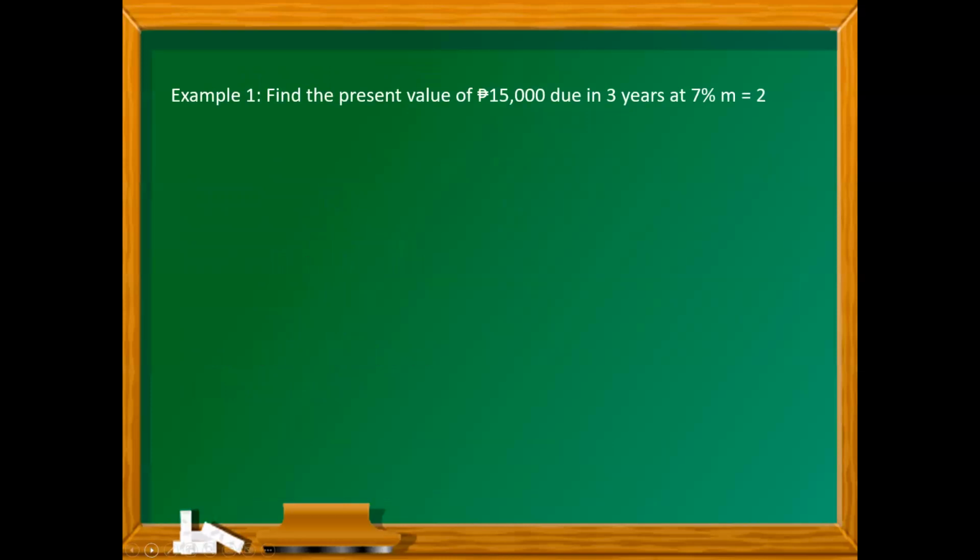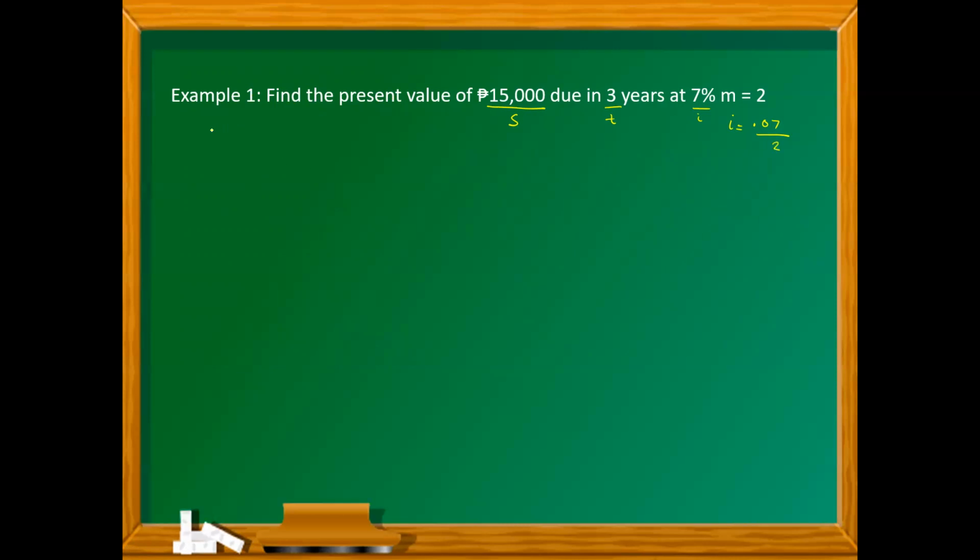Number one, find the present value of 15,000 due in 3 years at 7% with m equals 2. Here, this is the future value S, or the accumulated value, and this is your time. This is the annual interest rate, which has to be divided by 2, the number of periods in a year.